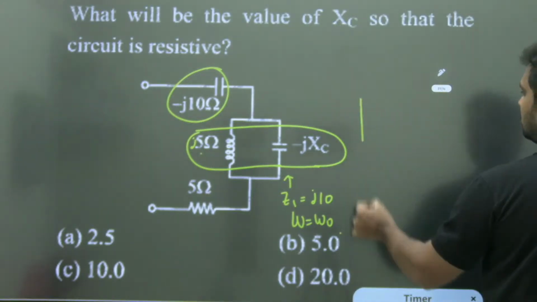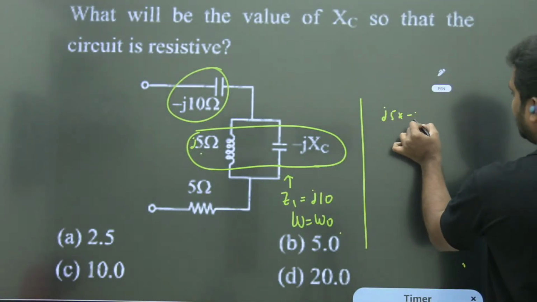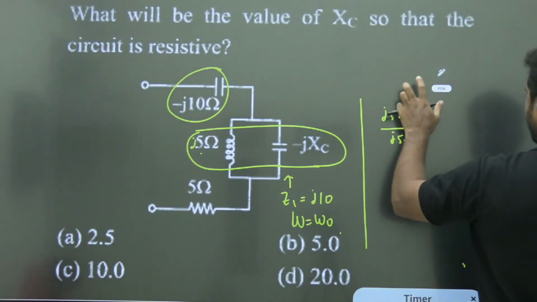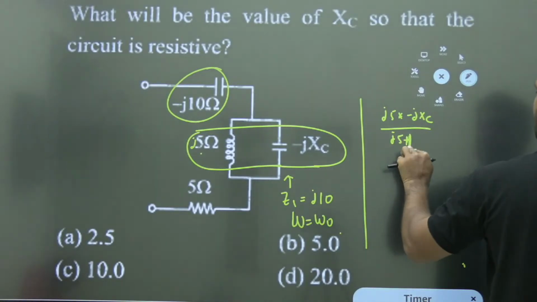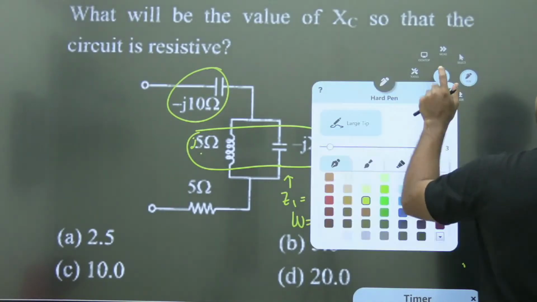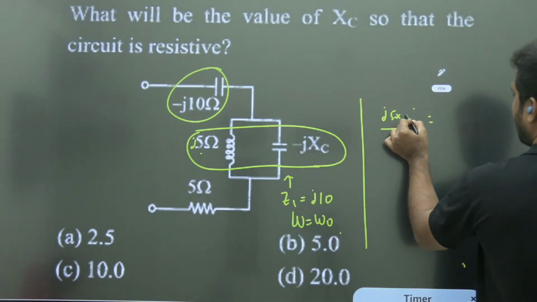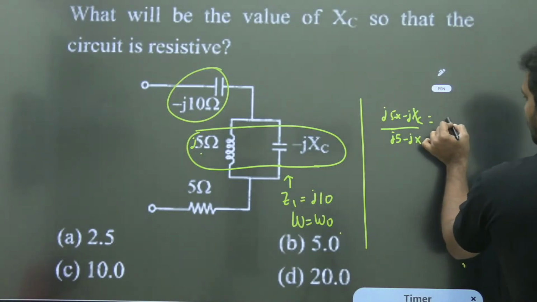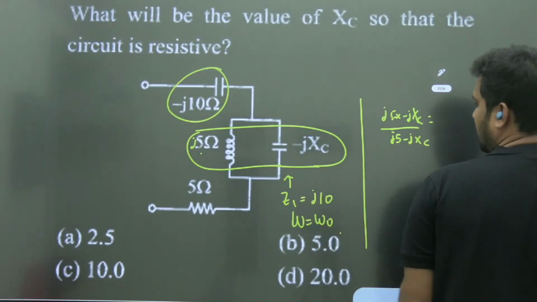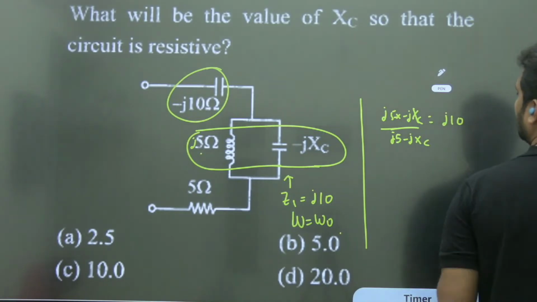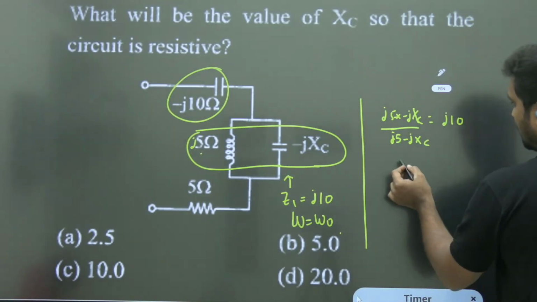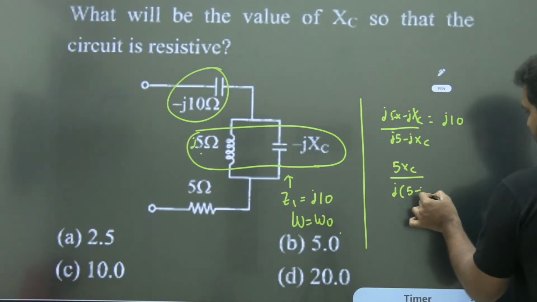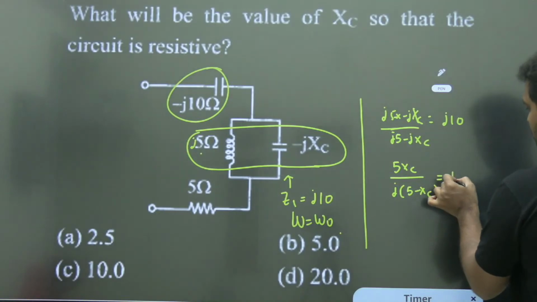So j5 into minus jXC by j5 minus jXC must be equal to j10.